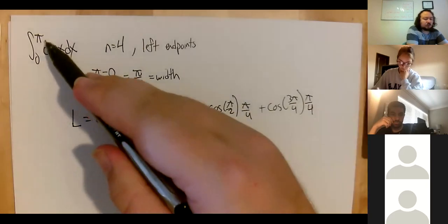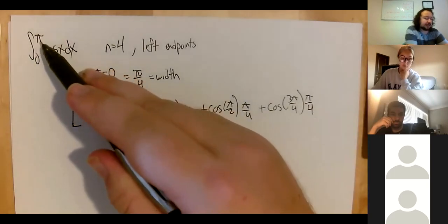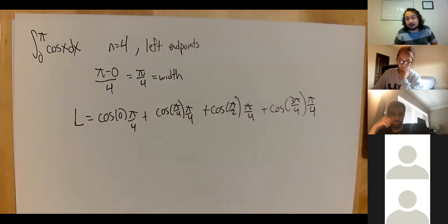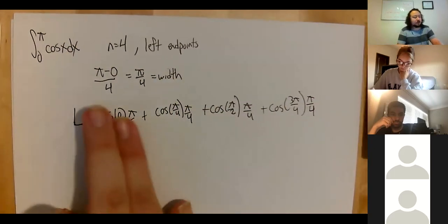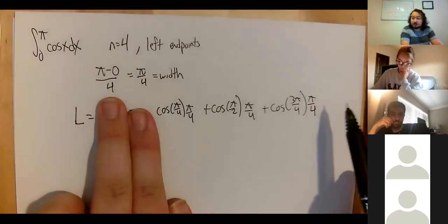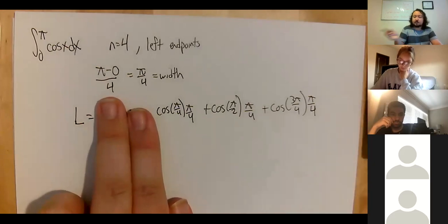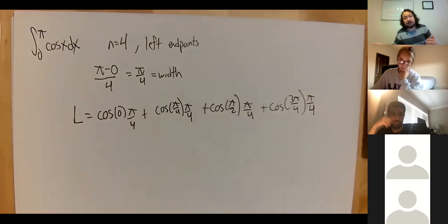With left-hand endpoints, we stop one increment short. If I asked you to do right-hand endpoints instead, we wouldn't include the 0 in the front, but we would include a cosine of pi times pi over 4 at the end. So the left and right-hand endpoints only differ by 1 term.